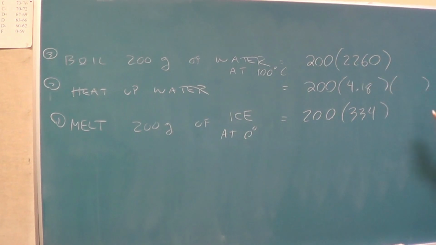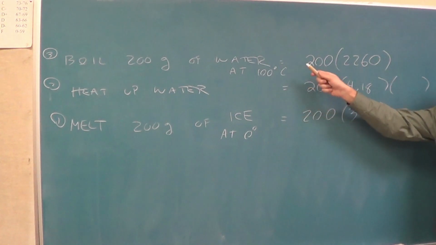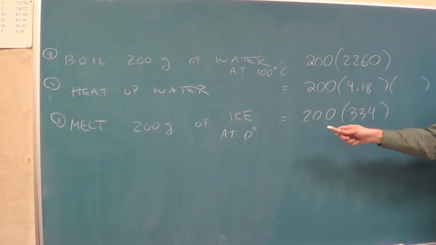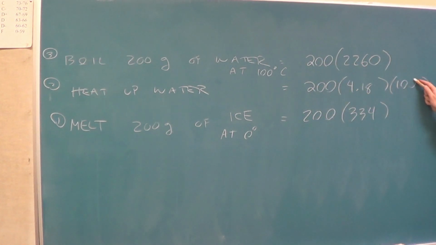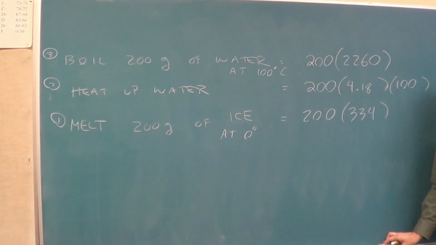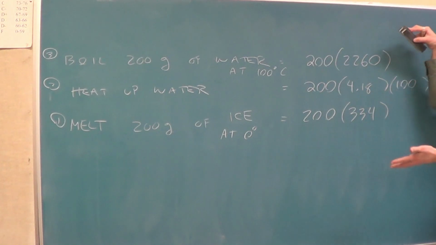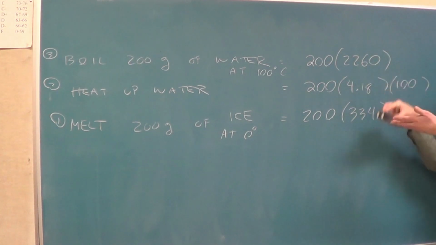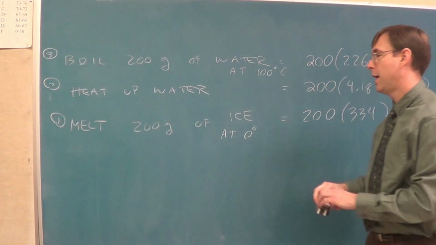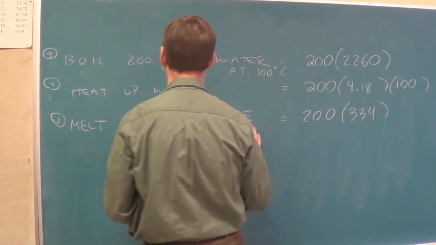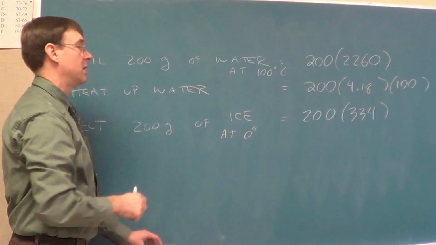And how much of a temperature change did we have undergone in this story? 100 degrees. We'd have to do this, take the three results and do what to them? Add them up. So it would be a three-step plan if we're trying to have ice that's 0, get it to be steam that's at 100.